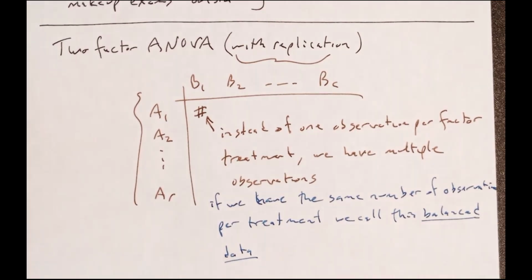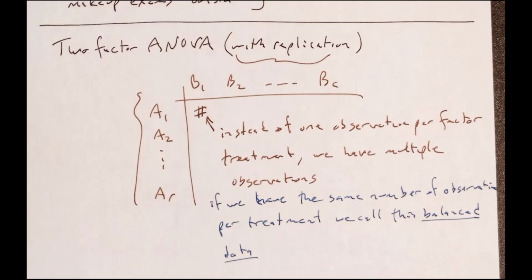There are ways to deal with balancing your data if it isn't balanced already, provided you have at least more than one reading per treatment combination of factors, then we can adjust our unbalanced data to be balanced data in several different ways.